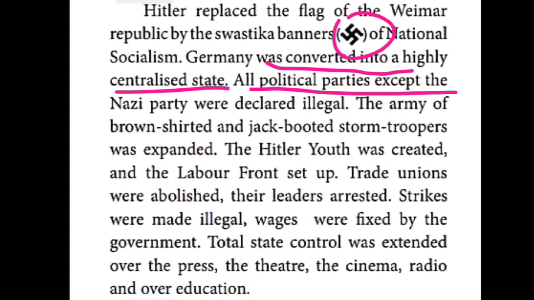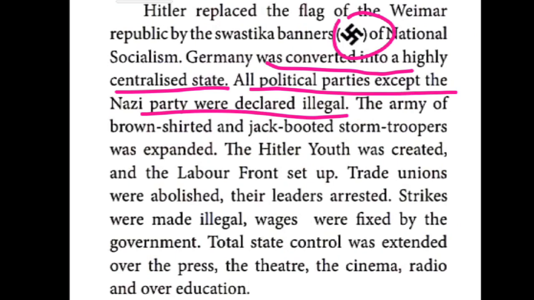Cancelled, abolished. Except the Nazi party, only one party, Hitler's party. Parties except the Nazi party were declared illegal, against the law. That's the meaning, children.